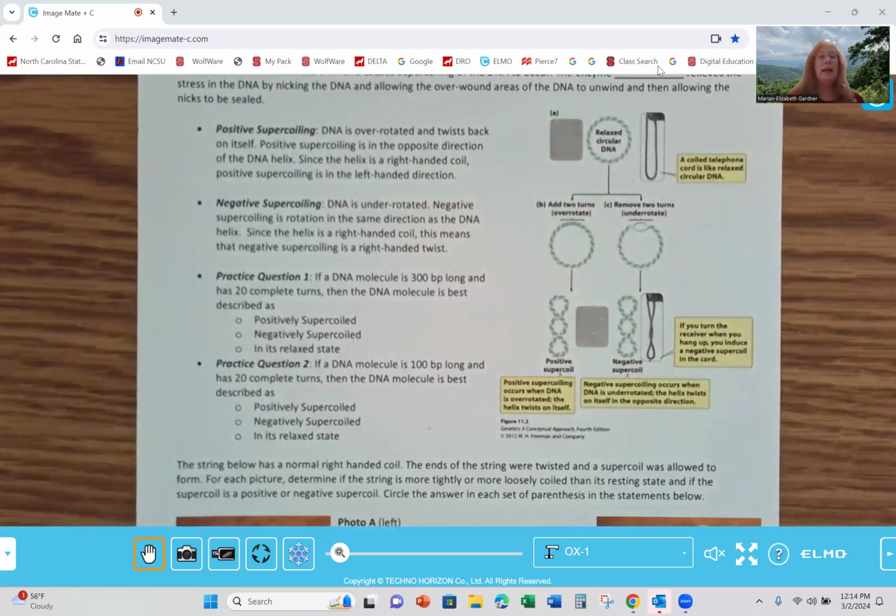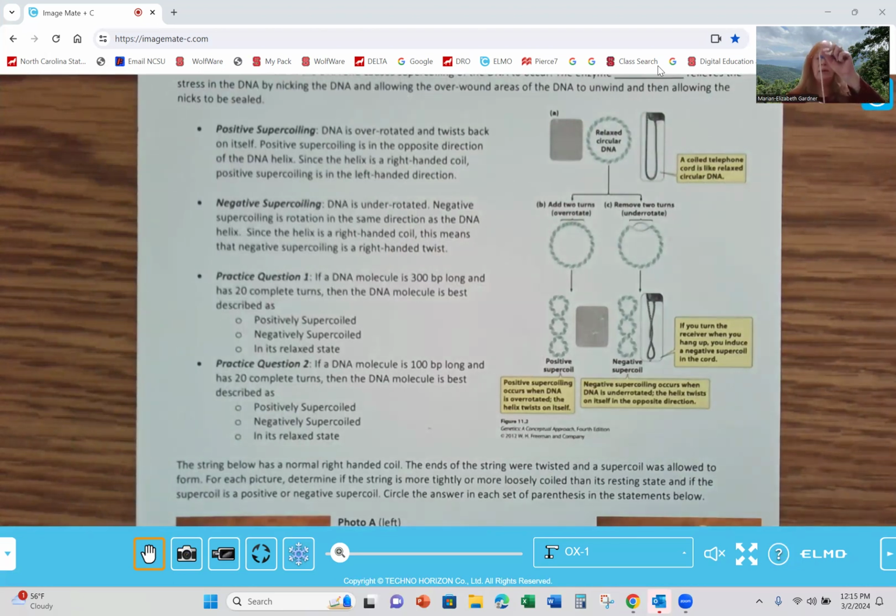Positive supercoiling occurs when DNA is overwound and it twists back on itself. There we go. So I've overwound the DNA and it's twisting back on itself. And the positive supercoil is going to be in the opposite direction of the DNA helix.